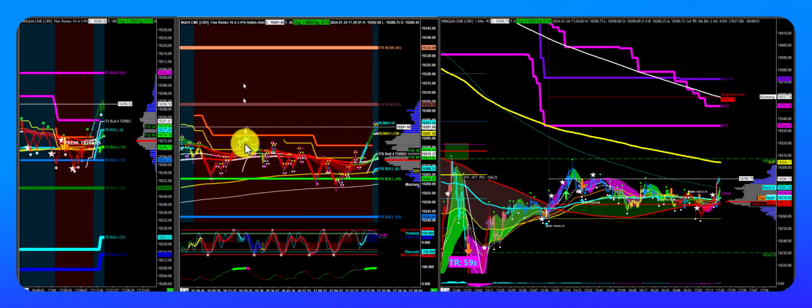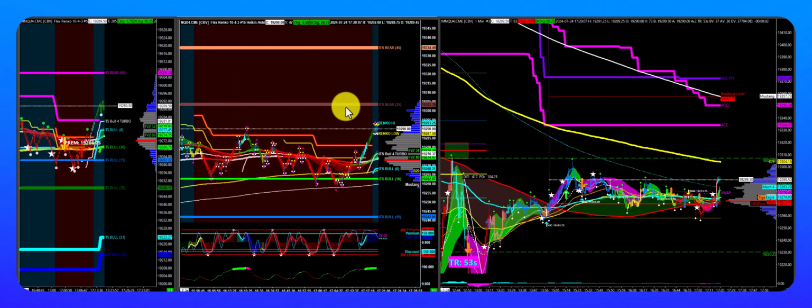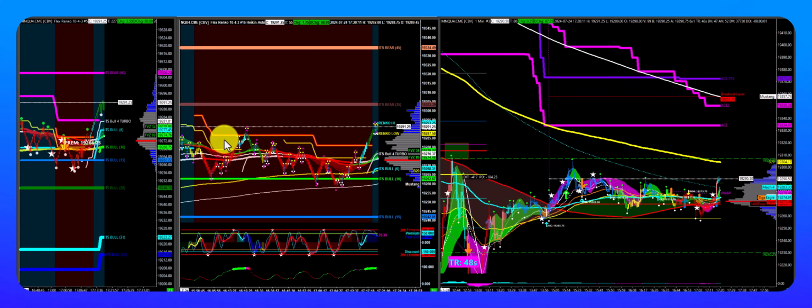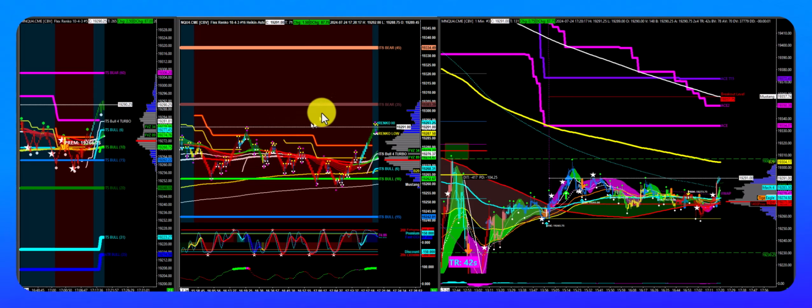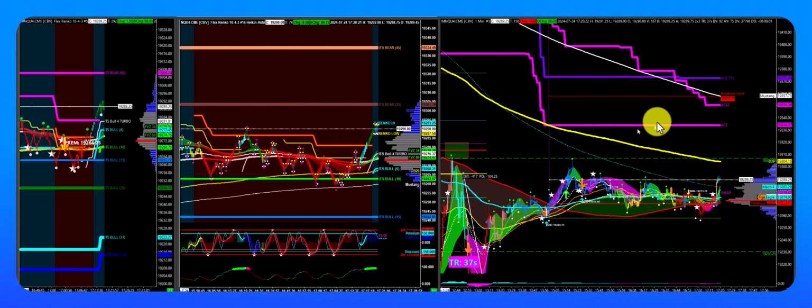We have a set of parameters that people need to follow. If you follow that, historically it's about a 78% win rate, and it can be higher if you do some of the stuff that we'll talk about today. These trades are designed to give us between 10 and 40 points, and then have the ability to use the lines to have runners, which Bill was wanting to know more about.